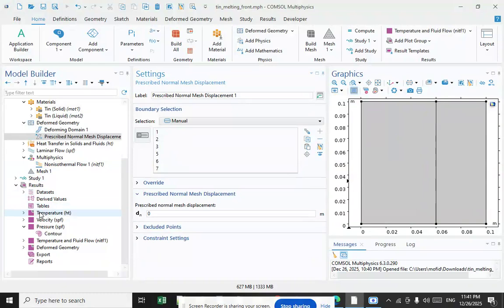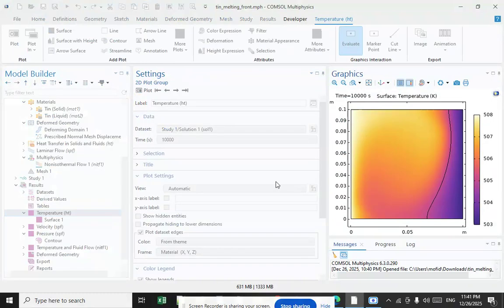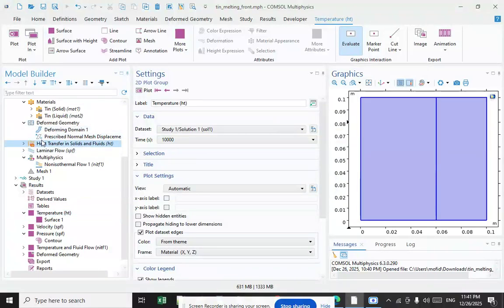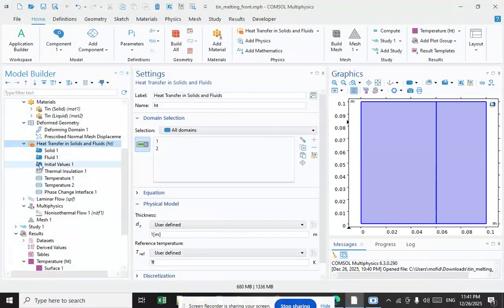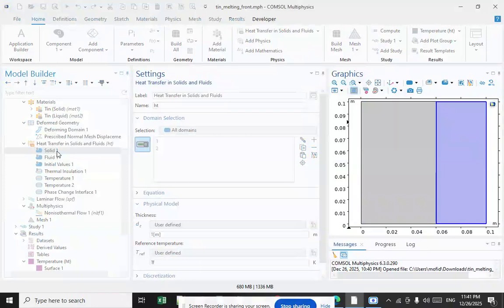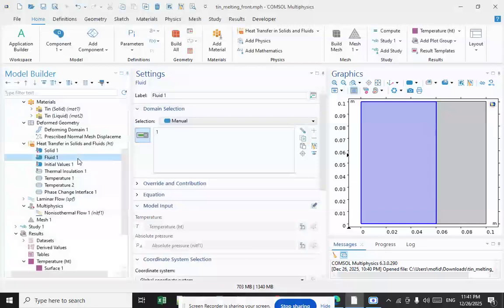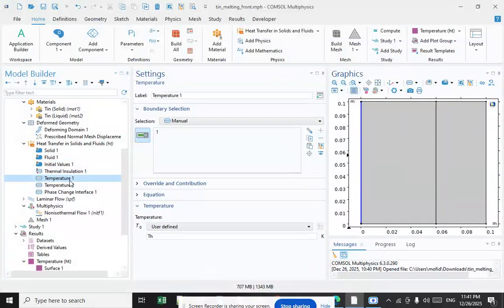And you can see the temperature. There is a change. This change is because of heat transfer, because we have an inlet and outlet. We have a solid and fluid section. You see that this part is a solid section, and the left side is a fluid section. We have two different temperatures, temperature 1 and temperature 2.